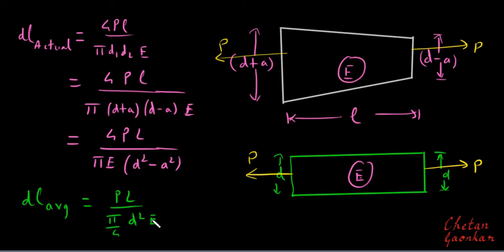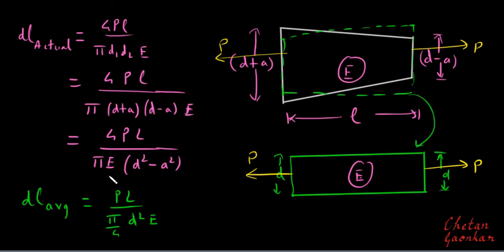So this is the actual deformation which we should get, and this is the deformation which we get if we consider it of average diameter d. So basically the diameter is d and d, which I have drawn here.